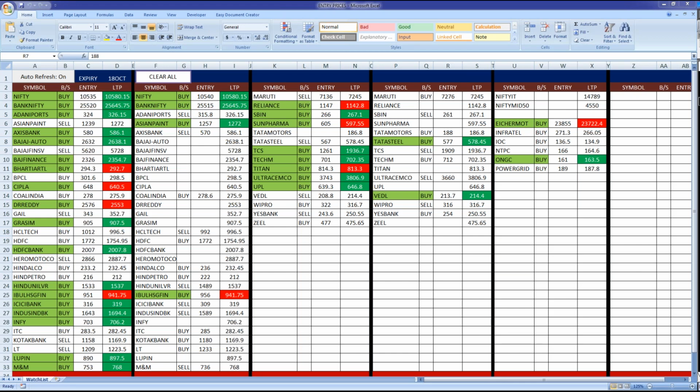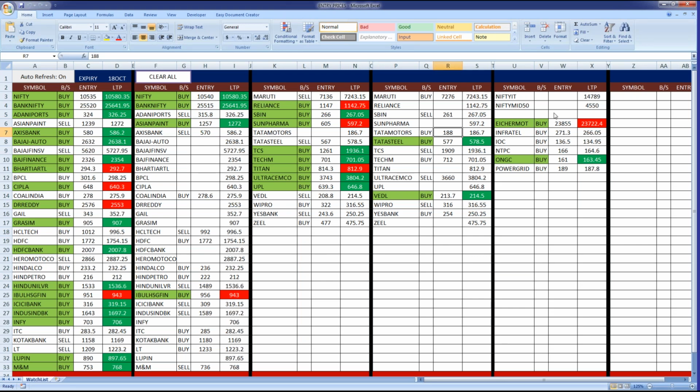Otherwise, if you are taking a long-term call, there is a possibility that it can make 1155. So this is how we trade. We just enter the prices, check when the calls get triggered, and then see the stop loss and book the profits. That's how we can trade.